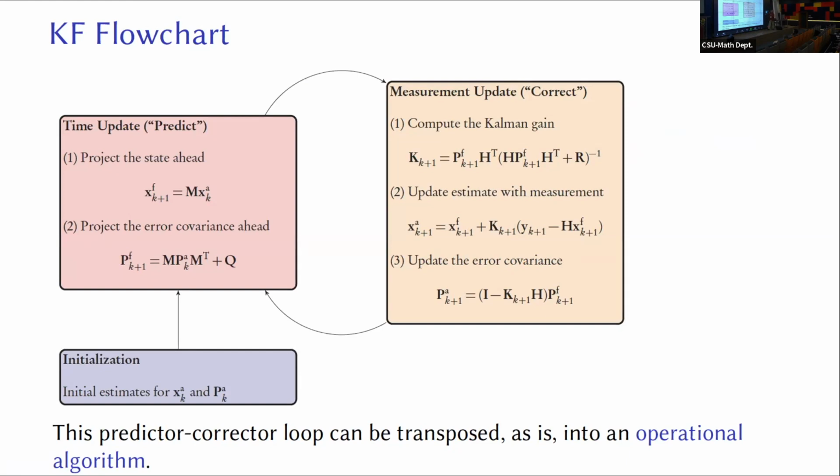You start with an initialization, you do the prediction, and then you do the correction. We call these the time update and then the measurement update. All the calculation is: you compute the Kalman gain, you project forward, you update the state, you update the error covariance, and then with the updated error covariance and the updated state, you go back, you project the state ahead, you project the covariance ahead, and then you correct again as soon as you get your measurement.